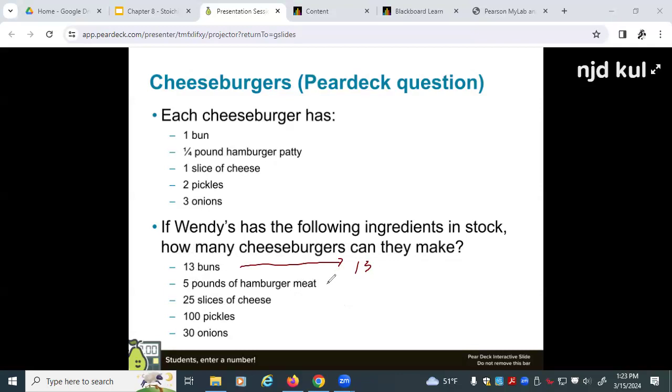My 5 pounds of meat, well, a quarter pound is needed for each patty. So that means I can get 4 patties out of every pound. 4 times 5 would be 20. My 25 slices of cheese would make 25. My 100 pickles would make 50. My 30 onions would make 10.